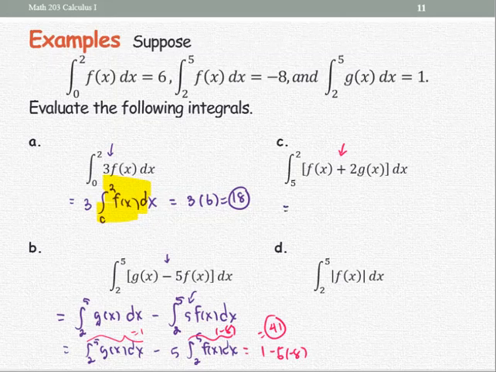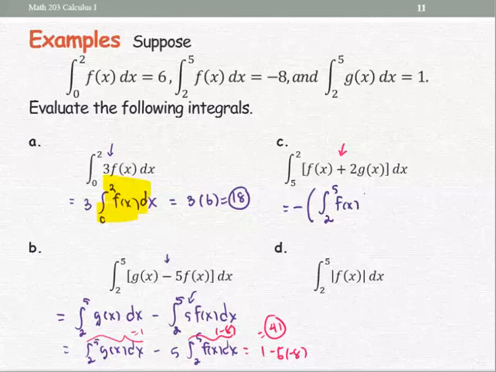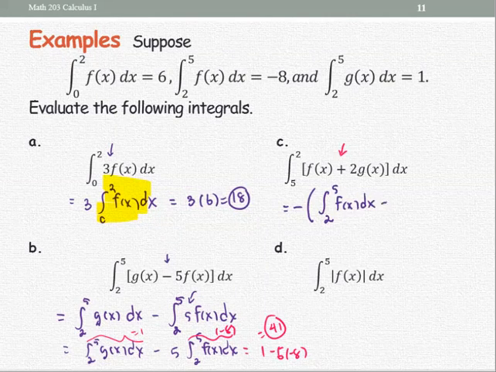This will give us the negative of the whole sum: the definite integral from 2 to 5 of the function f with respect to x plus 2 times the definite integral from 2 to 5 of the function g of x with respect to x, as we take the negative sign out of the entire group.